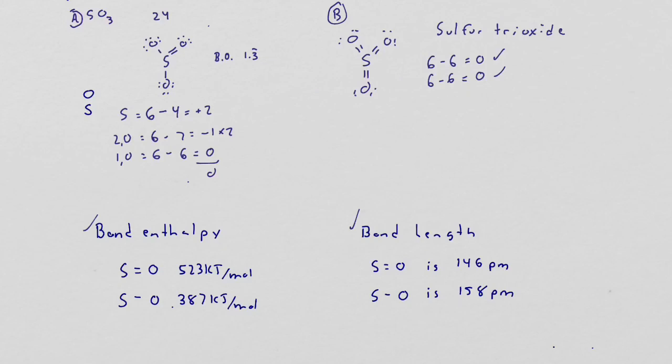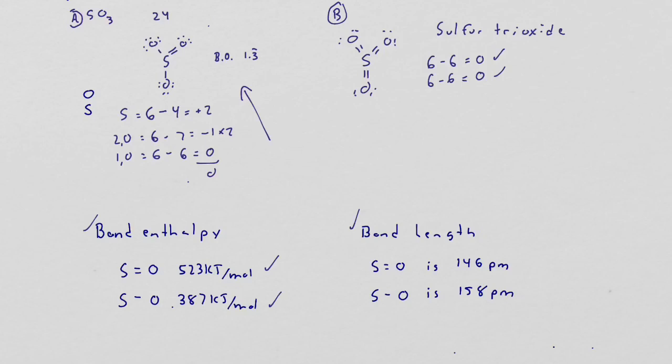Or they could give you information about bond enthalpy. So they could say the bond enthalpy for a single bond between sulfur and oxygen is 327, and the bond enthalpy for a double bond is 523. If this structure, the one on the left, was correct, then the bond enthalpy would be closer to 327, because it's got a bond order of 1.3, so it's more like a single bond than a double bond, right?